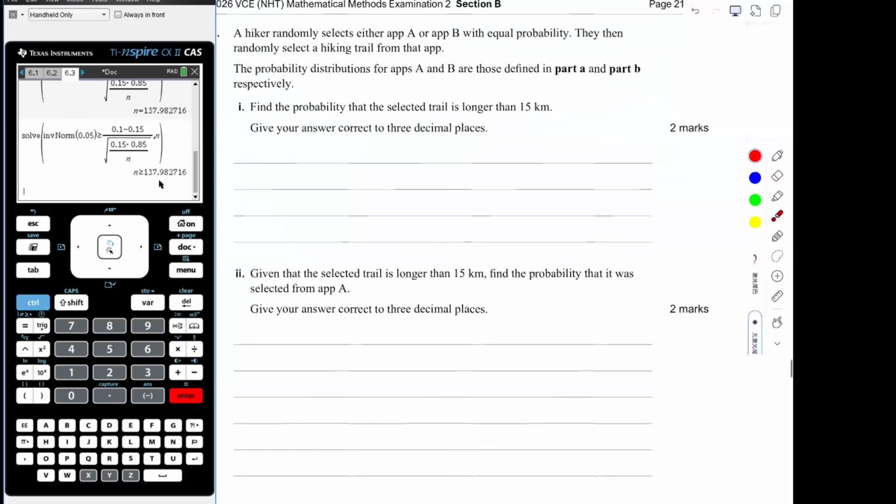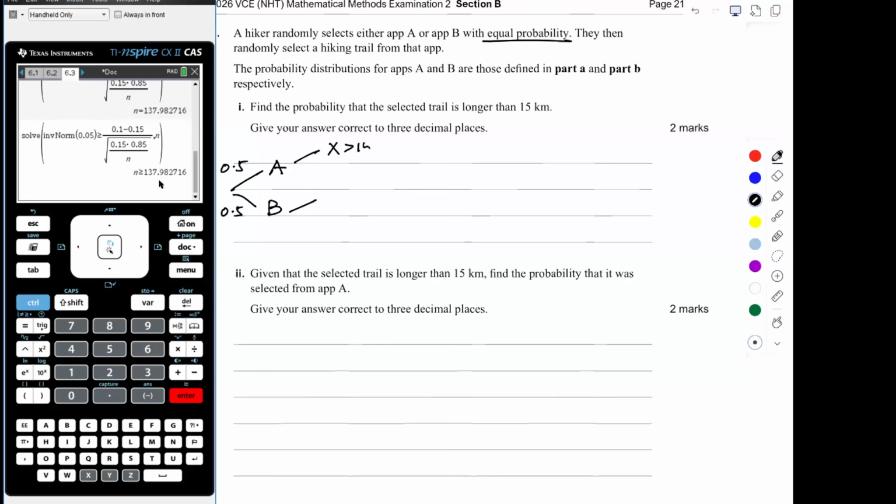okay. A hiker randomly selects either app A or app B, so you can draw a diagram with equal probability. App A, app B, 50-50. We could have, let's say, for app A, the letter X longer than 15.